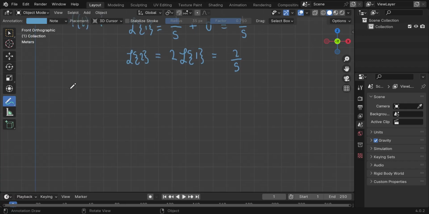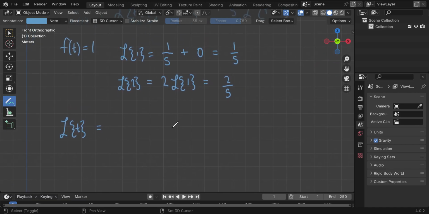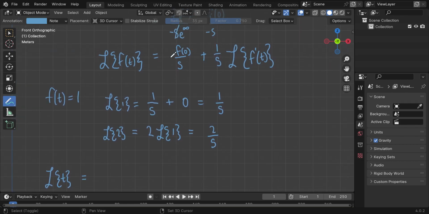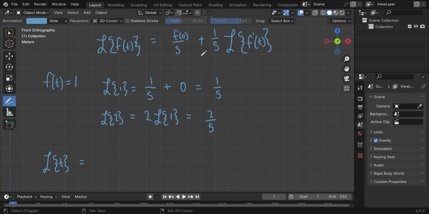Let's do another example. Let's say we're taking the Laplace of, I'll keep the variable of t. We just fill that in to our formula up here. It's just f of 0 over s.